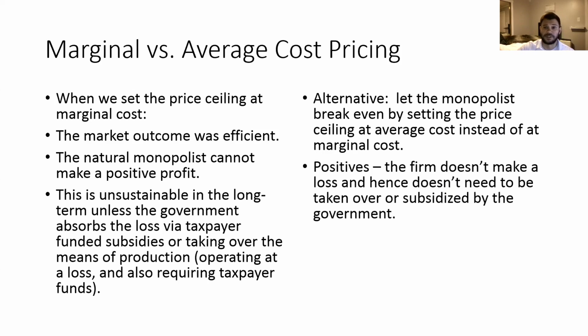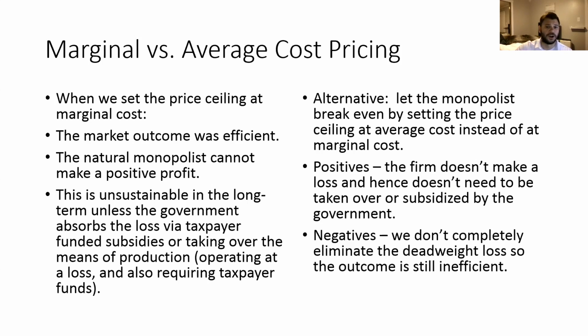The upside is that the firm doesn't make a loss and hence doesn't require any government subsidy or takeover. The negative, first off, is that we're not going to completely eliminate the deadweight loss, so the outcome is still inefficient. We're going to partially rectify it, but not completely fix it.